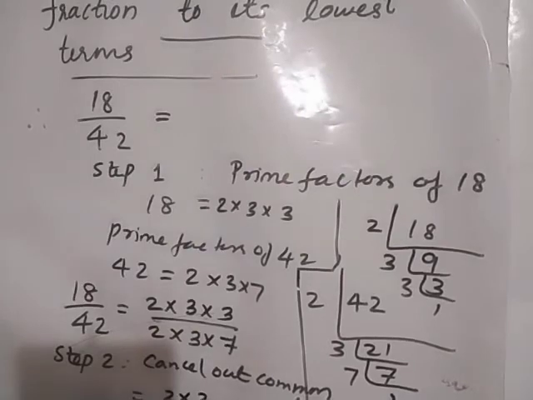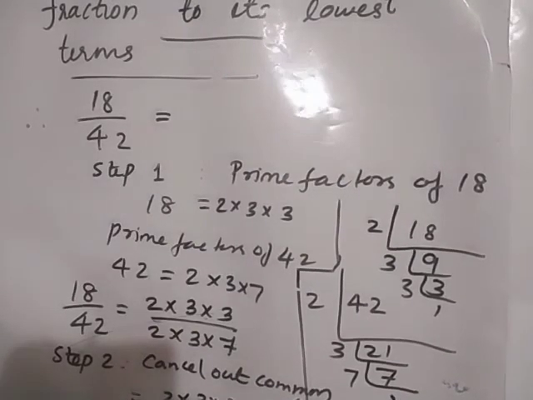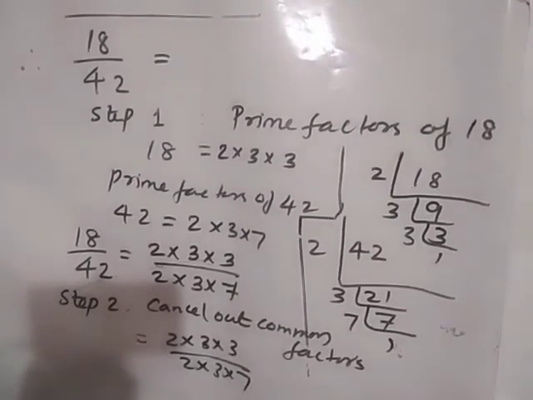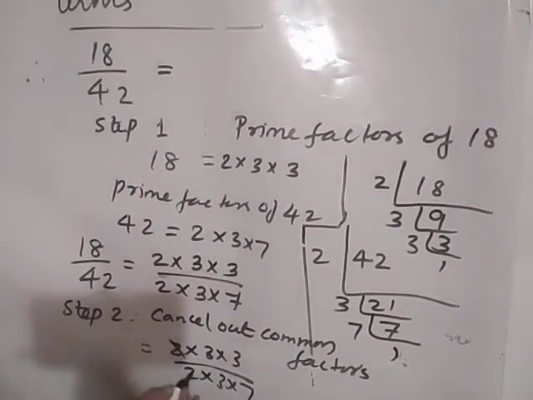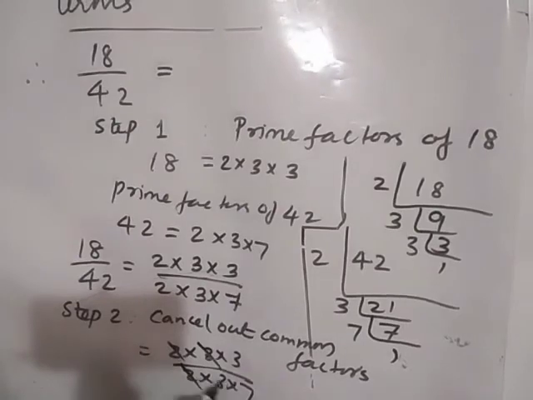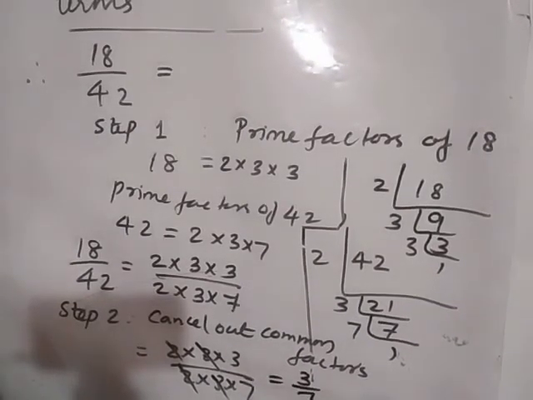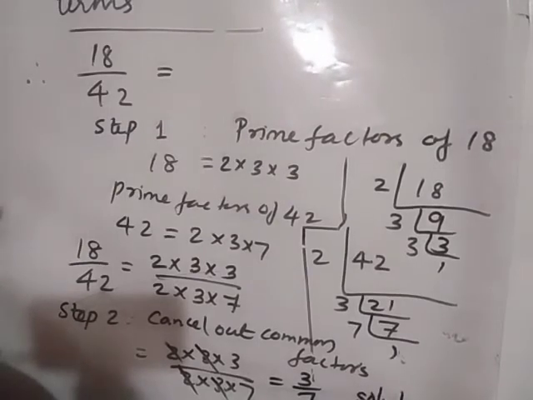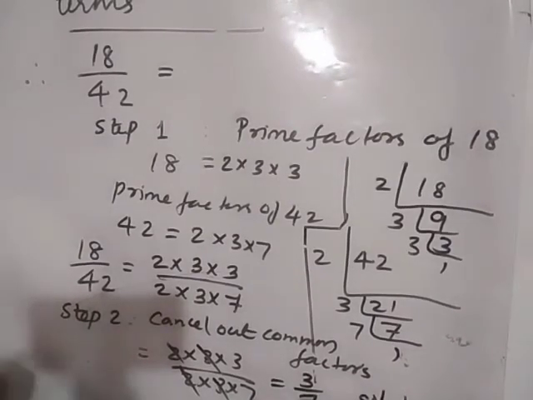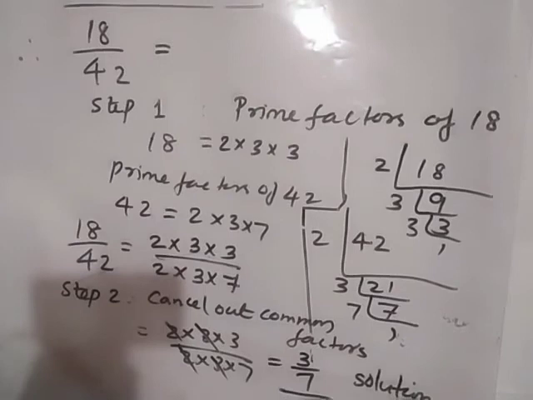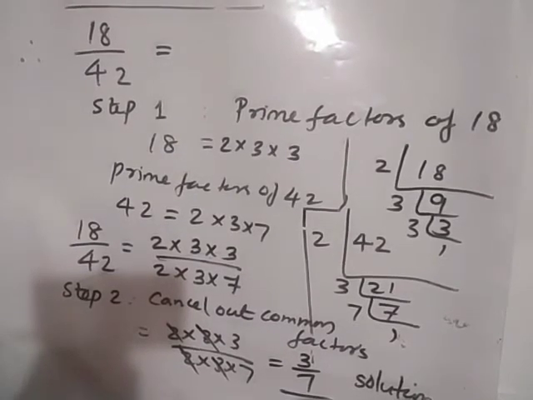Which are the common factors among both? Yes, 2 can be cancelled out, 3 can be cancelled out. So the remaining is 3 by 7, which is the solution. Understood?